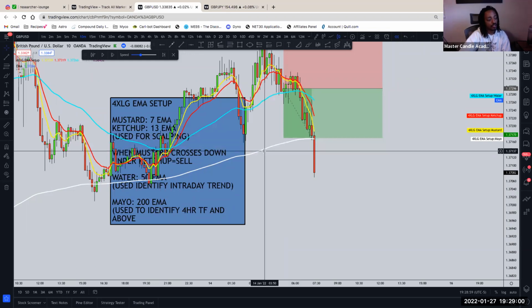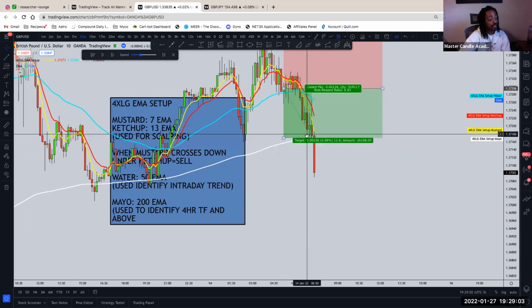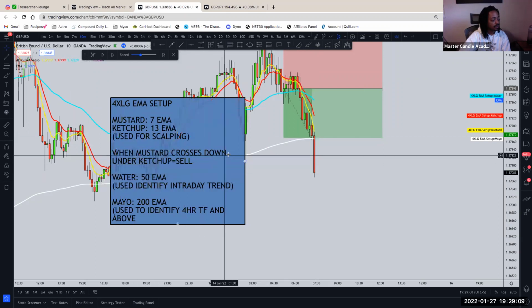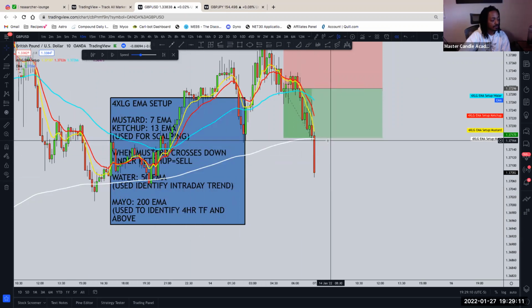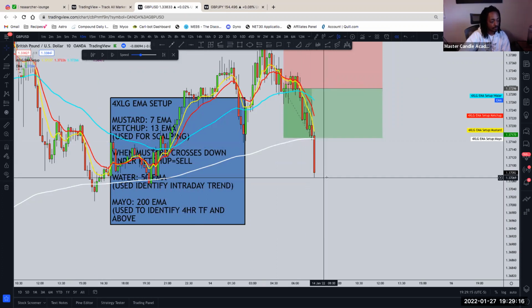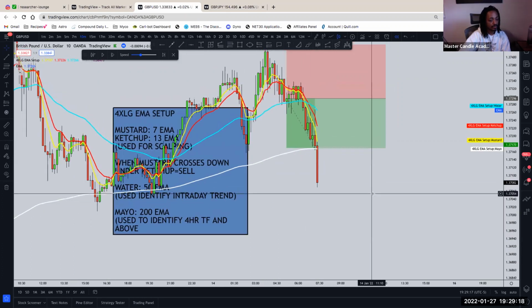There we go, and it's the 200. Did we break structure of the 200? If this was a trend line, was this trend line broken? Exactly.